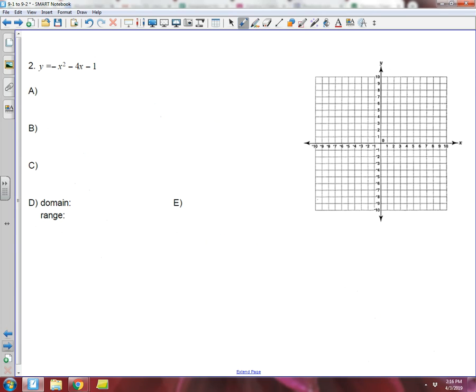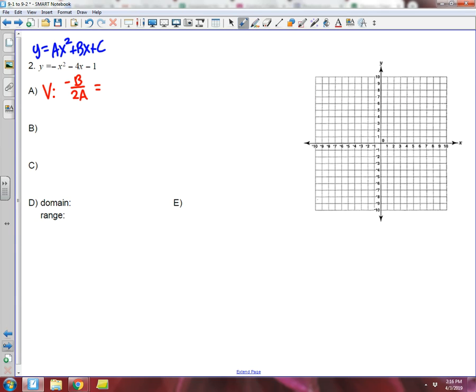First thing I want to ask you, does this thing look like it's in standard form? It does, correct? Yes. Okay, so if it's in standard form, I have an A, a B, and a C. The most important point, and that letter A asked me for, is the vertex. What is your formula for the vertex? Negative B over 2A.